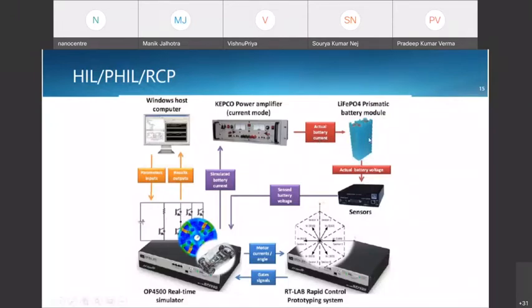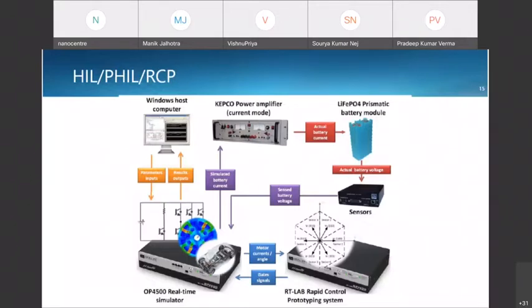Our objective is that we also want to understand how the controller will work. So from milliamps we have come to amperes because of a power amplifier. We have charged our battery, and then we have extracted the information of battery voltage. This information is also beyond the range of the cards present on the simulator.